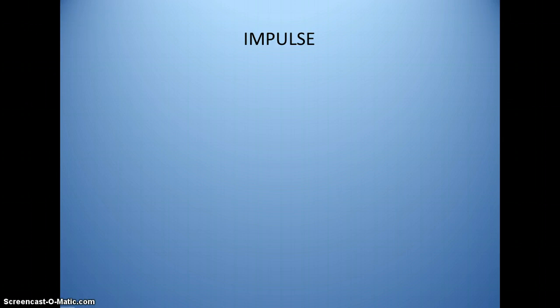Now, impulse itself, when you're solving for it, could be simply using the left side of the equation as F delta t. Sometimes you may only use the right side of the equation, which is mv final minus mv initial. And sometimes you have to use both sides of the equation. But it's important to note for just a second that both sides have to have the same units.